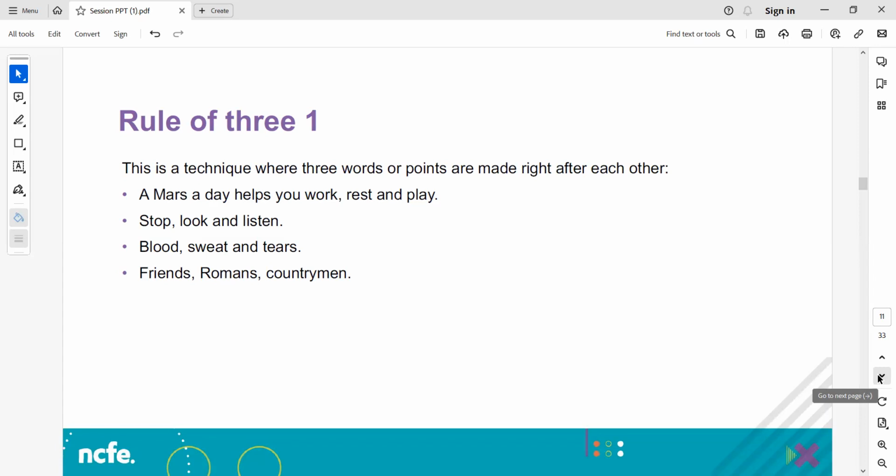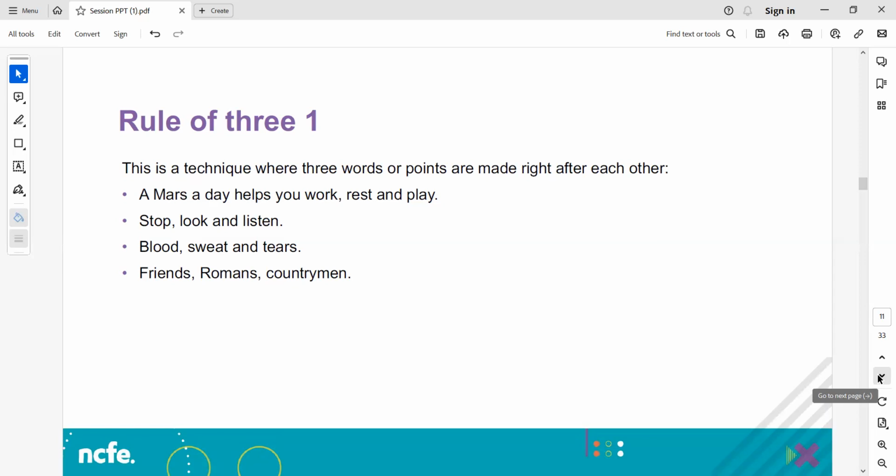Stop, look and listen. Again, that's a very well used road safety message. It's succinct, it's short, it's simple. The 3 points made right after each other make it easy to remember. Stop, look, listen.